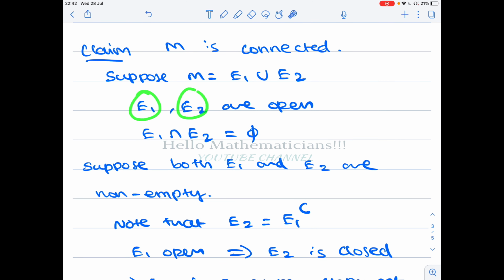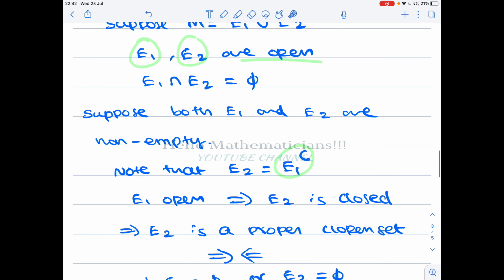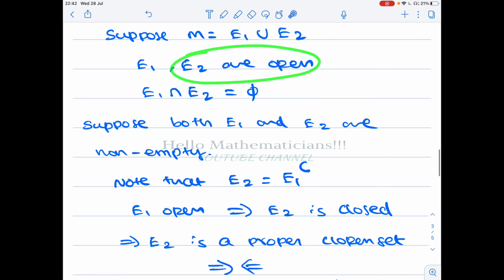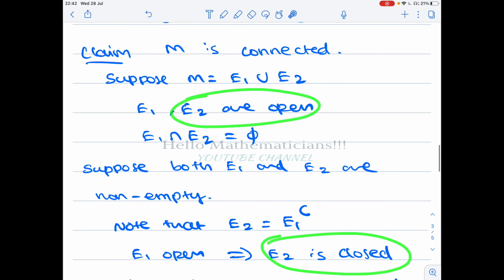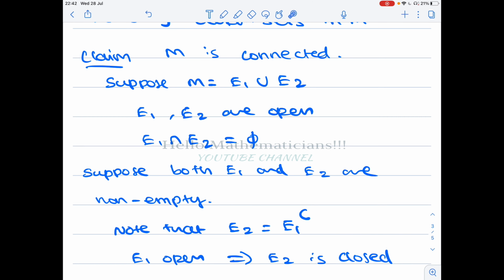Because E1 and E2 are open and E2 is E1 complement, therefore E2 is closed. Now E2 is already open and we got that it is closed, and both of them are non-empty. E1 intersection E2 is empty implies that E2 is not equal to M also.